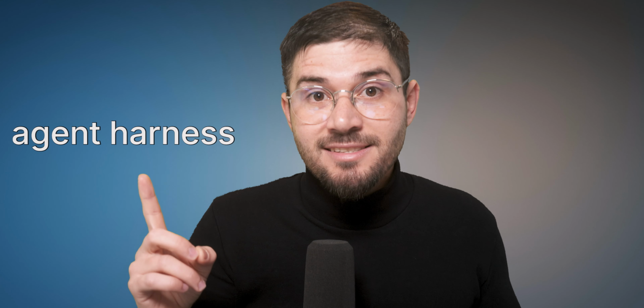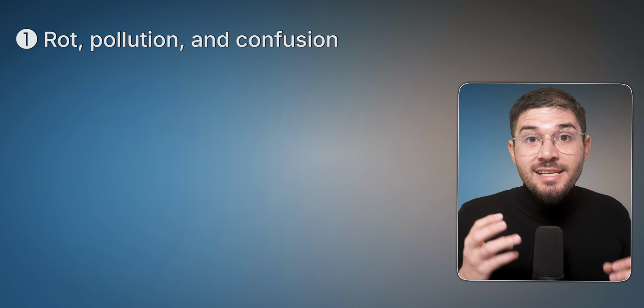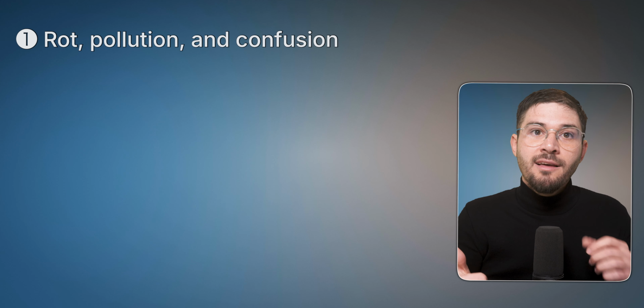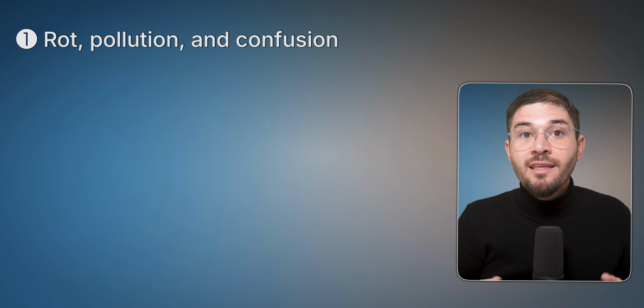The system you build to wrap the model and manage this memory is called an agent harness, and getting it right is the key to building robust AI agentic systems. So, in this video, you will learn first the 3 silent killers of AI performance, named rot, pollution, and confusion.